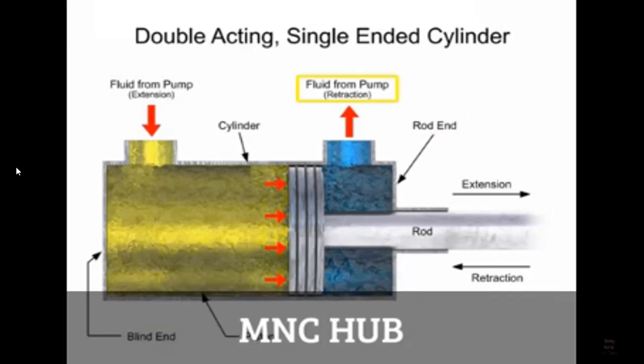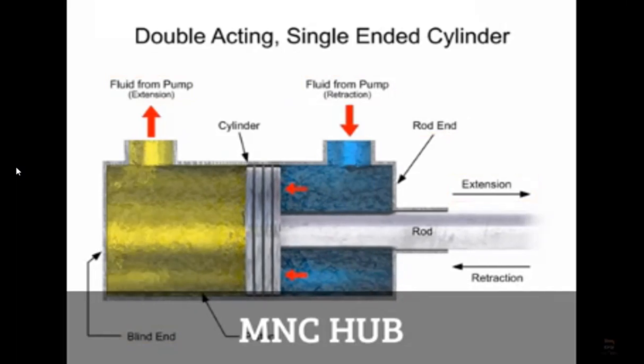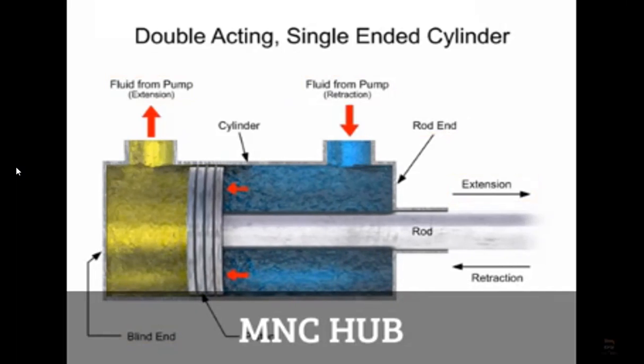Pressure builds up and generates a force on the piston, causing the extension stroke. When the directional control valve is shifted, it sends fluid into the rod end port, out of the blind end port, and back to the tank. Pressure builds up and generates a force on the other side of the piston, causing the retraction stroke.